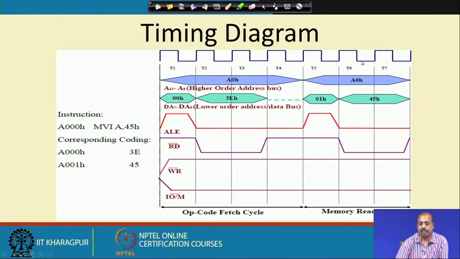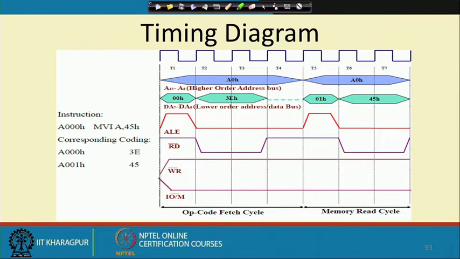Let us take a slightly more complex example, MVI A, 45 hex. Here you can understand that the first machine cycle is the fetch machine cycle, and it will fetch the instruction. Since it can fetch only 8 bits of data at a time, in the first cycle it will get the opcode part.